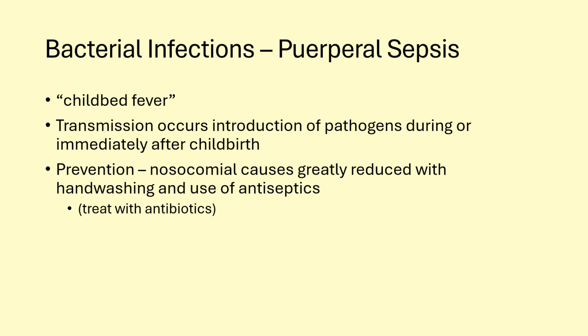So when a woman is pregnant and she's ready to give birth, all the healthcare personnel need to make sure that they are washing their hands as they go from one patient to another, and to use antiseptics. Like I say, you can treat this with antibiotics.